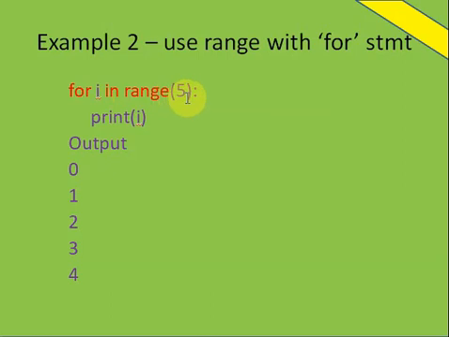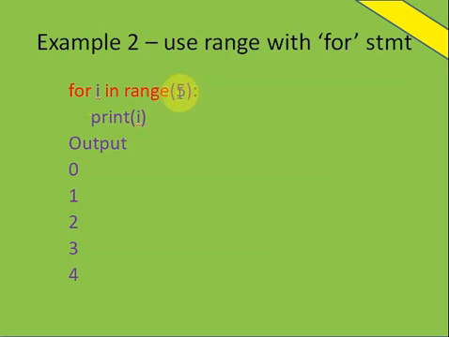In the bracket, 5 is given. With this for statement, i will print values from 0 to 4, because after range the value in the bracket is the upper limit of the for loop, meaning up to this limit the value of i is printed. So the range is from 0 to 4.